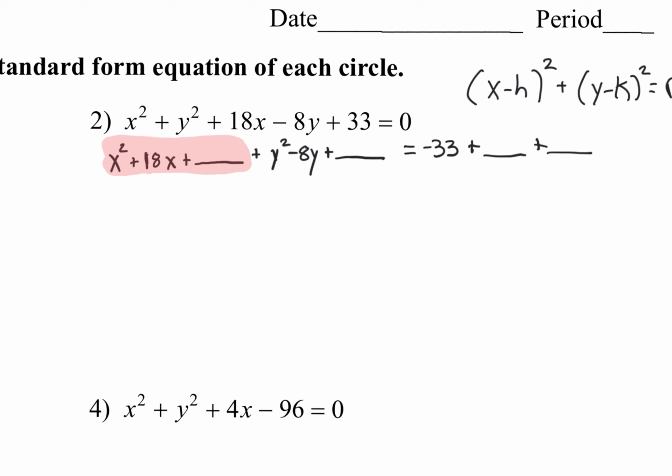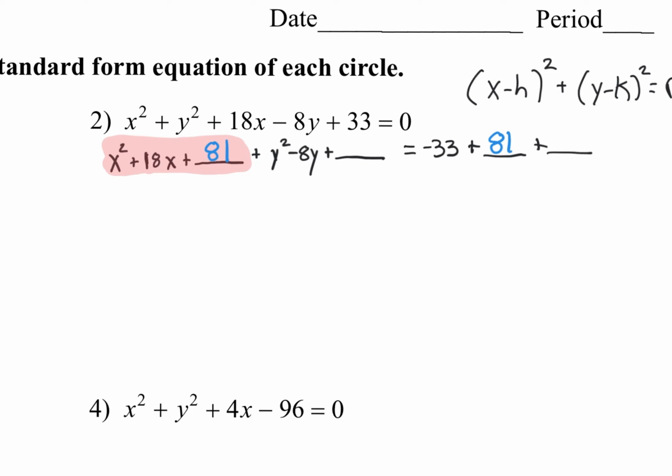So that means I'm going to add 81 onto this side of the equation so that I can complete the square for the x. But since I've added 81 on the left-hand side in that blank, I need to make sure that I add that 81 onto the right-hand side as well.